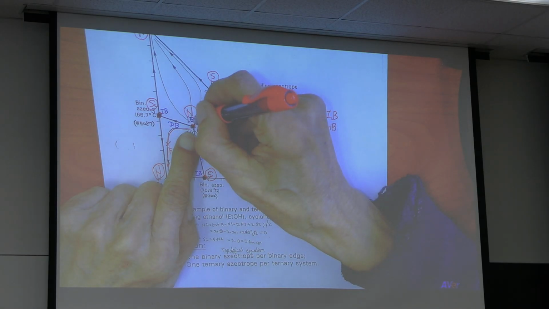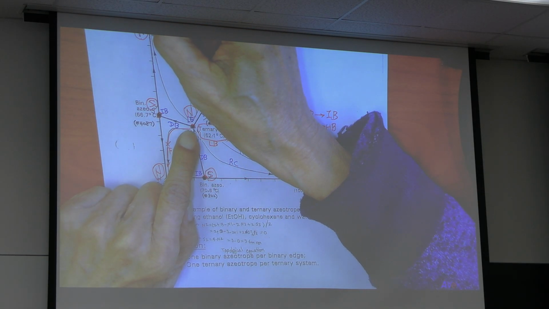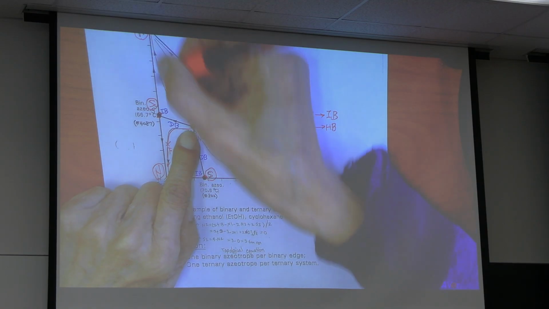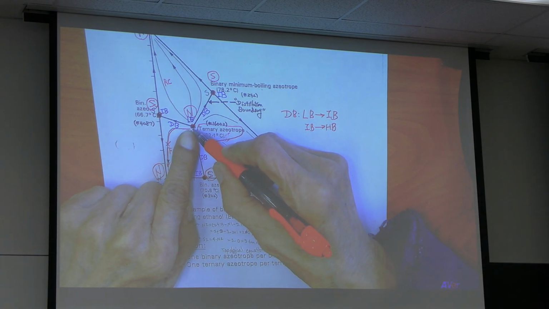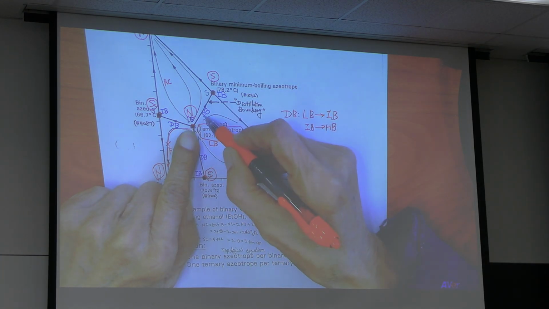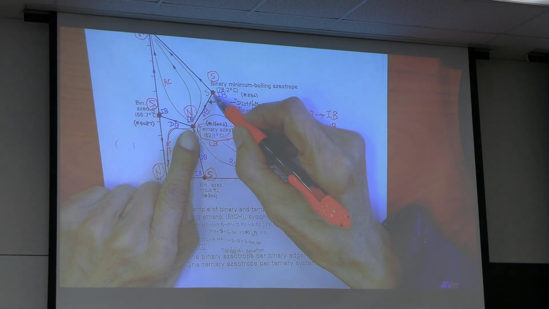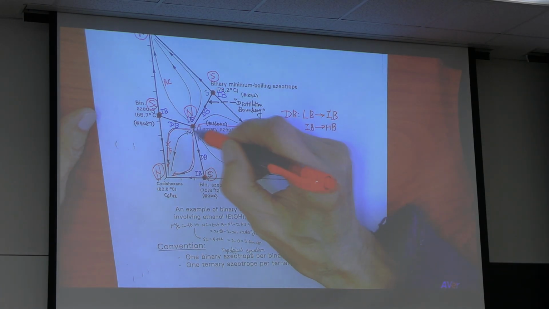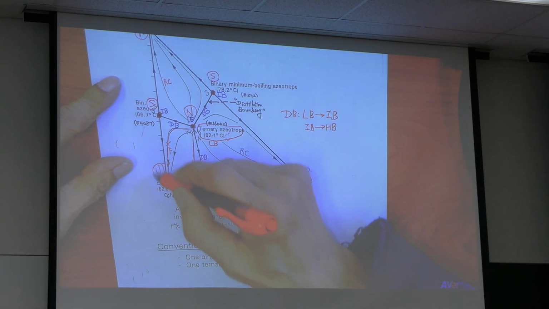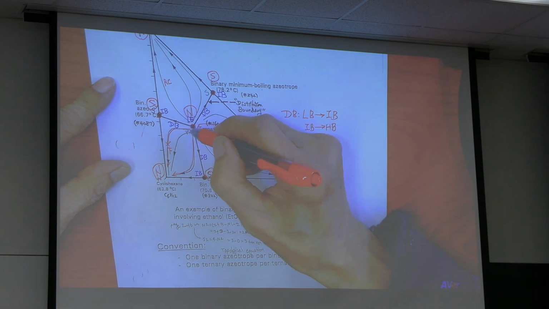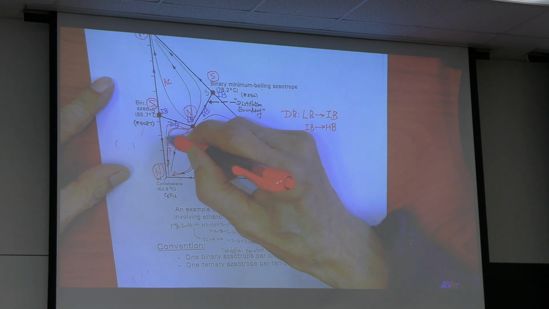Okay, so LB to HB, that's RC, residue curve. But LB to IB, this is distillation boundary. In this region, RCM goes this way.